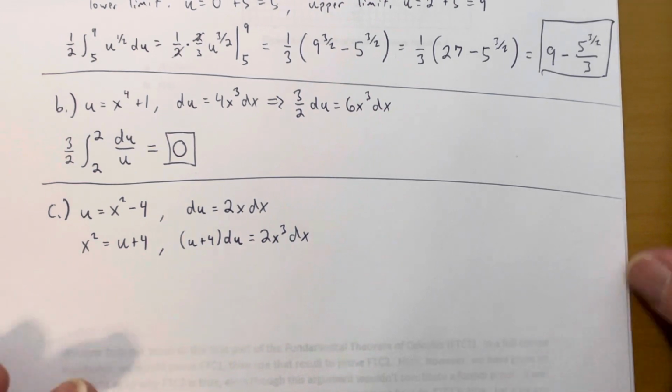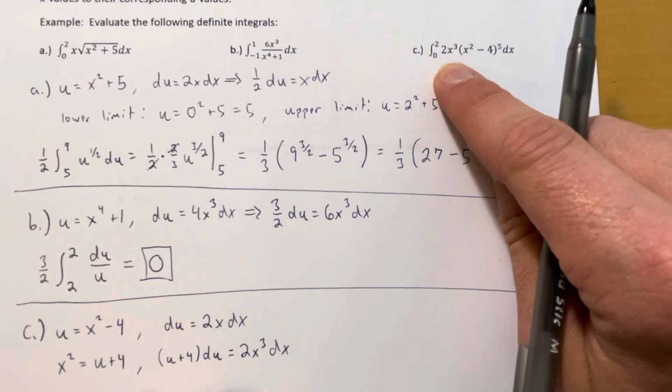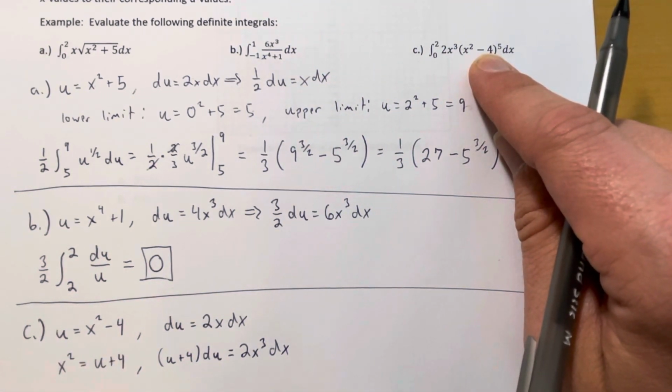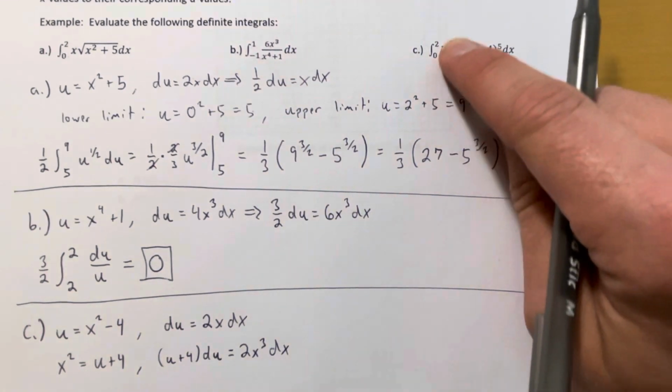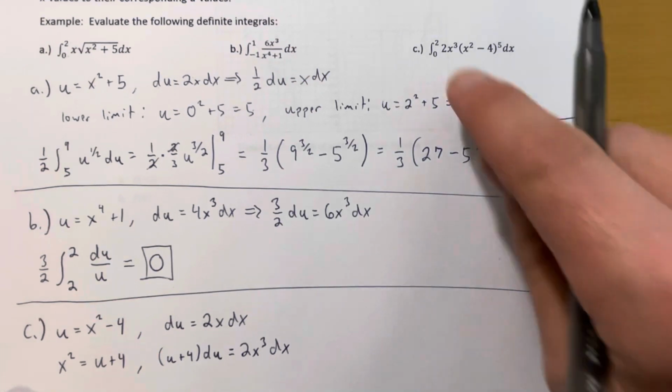Okay, so now let's look at the integral again up here. I have to change this into a function of u using the substitutions that I've created down here. And I also need to change my limits of integration. So looking at my limits of integration now, I have 0.